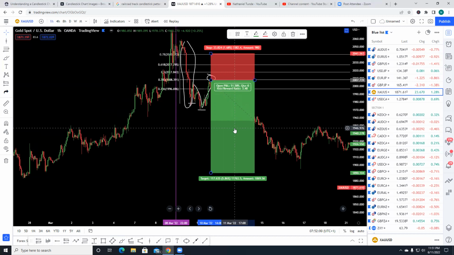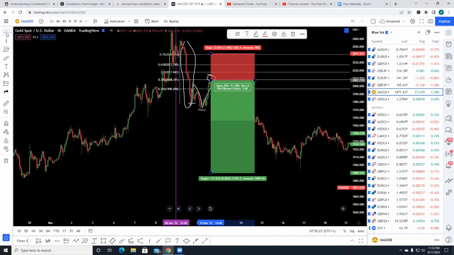If I spot it there, I want to see the generation of an impulsive move on a lower time frame. And that is the impulsive move on a lower time frame that I'm going to fib to get my entry. You have to be right.